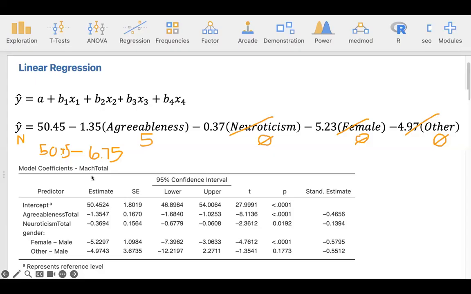So I'm saying that when I'm holding those other variables constant, if agreeableness is this value, this is what I would estimate based on that line, what my neuroticism would look like for that value. So if somebody has agreeableness of 5, and we're going to say their neuroticism is 0, and that they are male, so we're going to do 0 for female and other, we can calculate what we would estimate their neuroticism score to be along that linear regression.